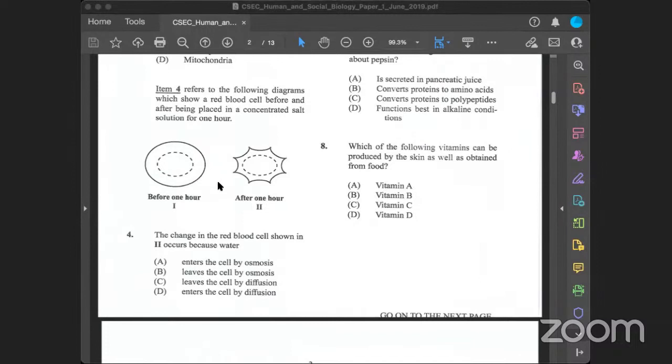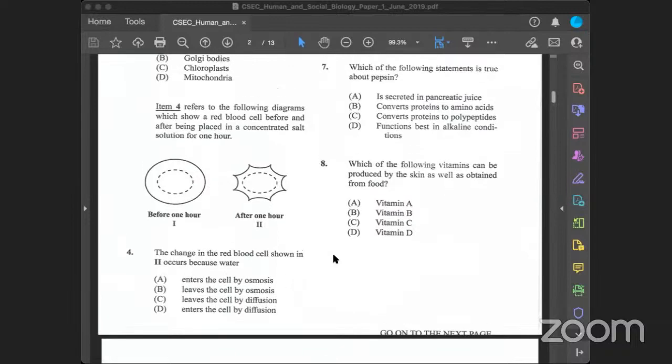In a concentrated solution, the animal cell will lose water, trying to maintain homeostasis, trying to maintain some sort of balance. As a result, you would have the cell looking like this, shrinking, right? So I would have explained that and give the answer. So what's the answer here? B. Yeah, water leaves the cell by osmosis. Good.